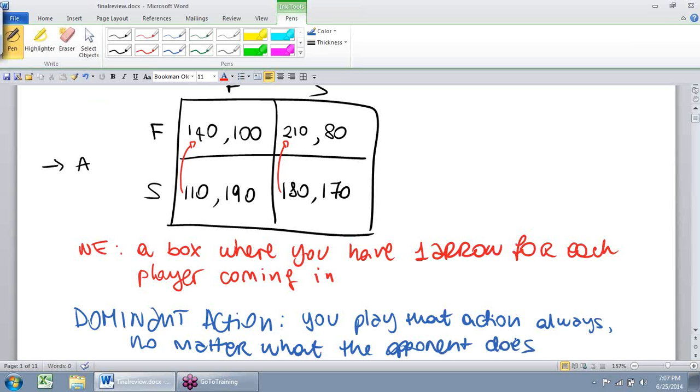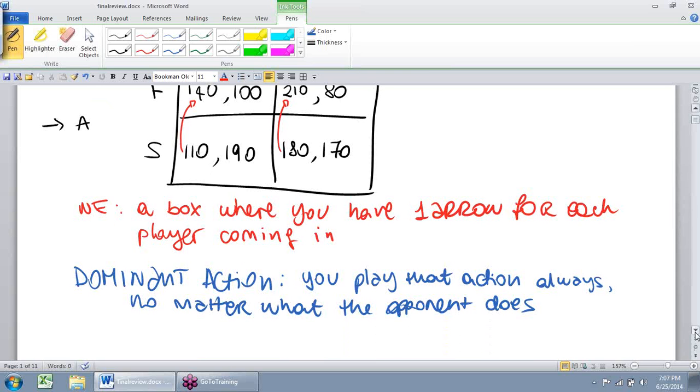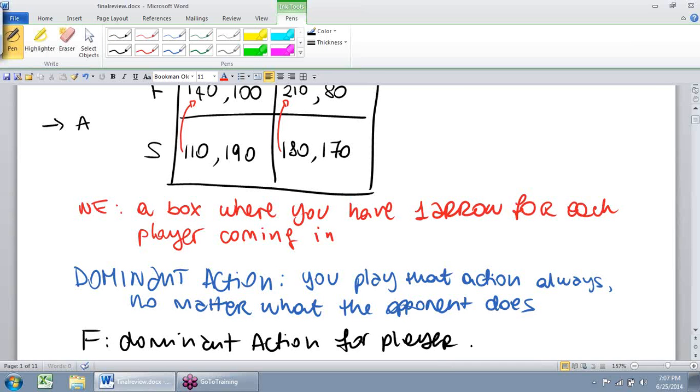So here again, A will prefer to fight if B fights or if B shares. No matter what the decision of B is, A will always choose fight. So F is the dominant action for player A. Any question on dominant action?